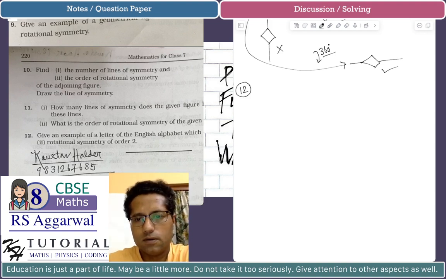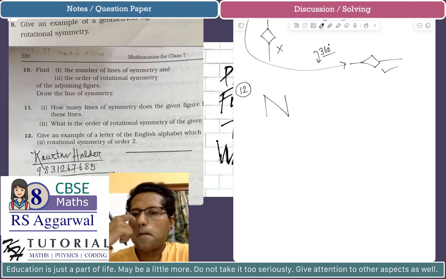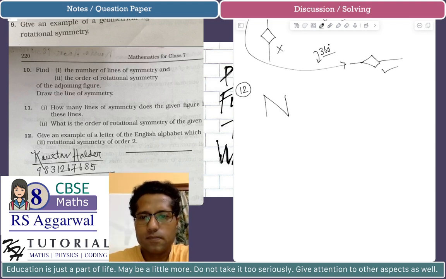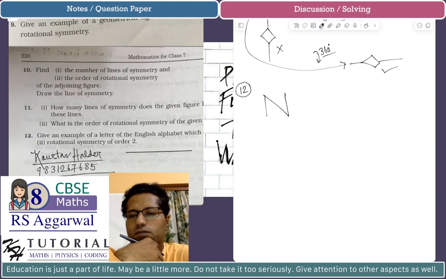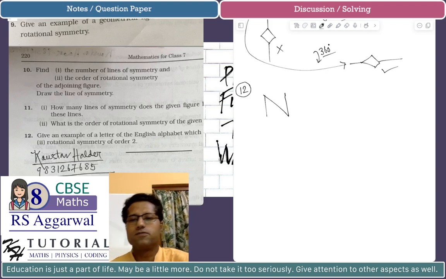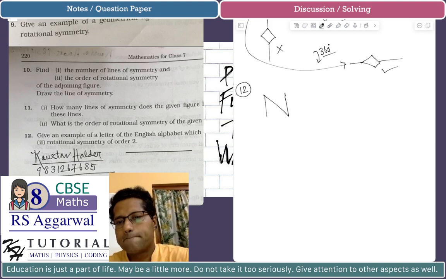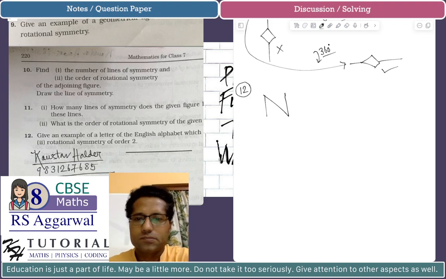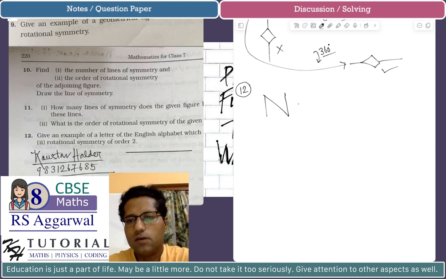What about letter N? The letter N has no line of symmetry. As you can see, you will realize that the letter N has no line of symmetry. And if I rotate the letter N by 90 degree, what do I get?